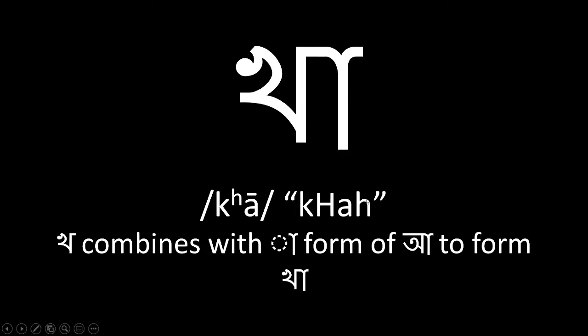And in my little pronunciation help here, I have a big capital H because you pronounce this ha. The previous consonant was ga, and this is ka. So the previous consonant's name was go, and this consonant here is ko.